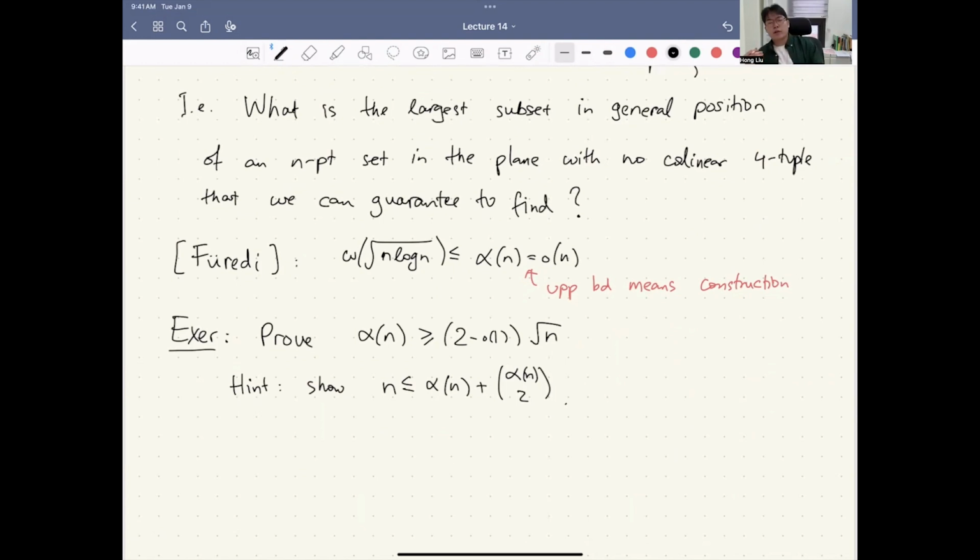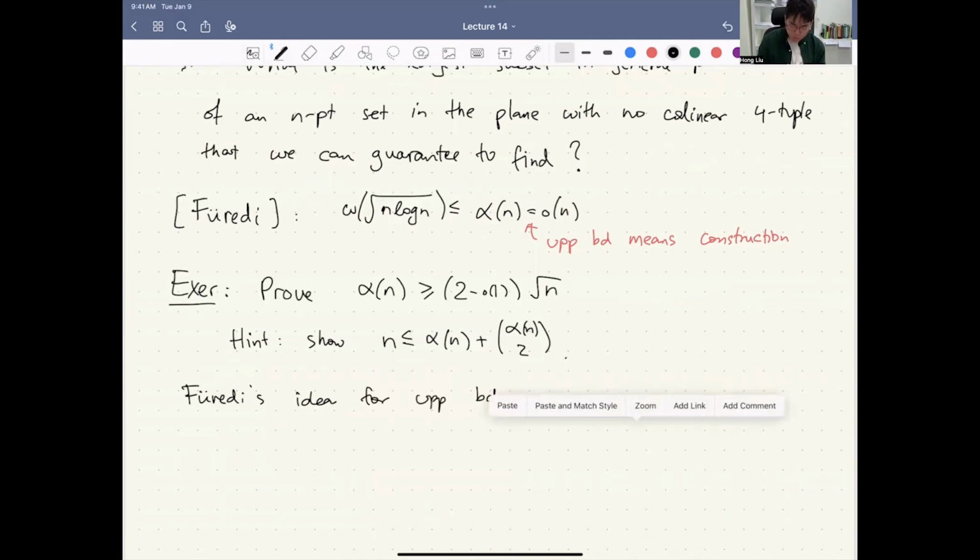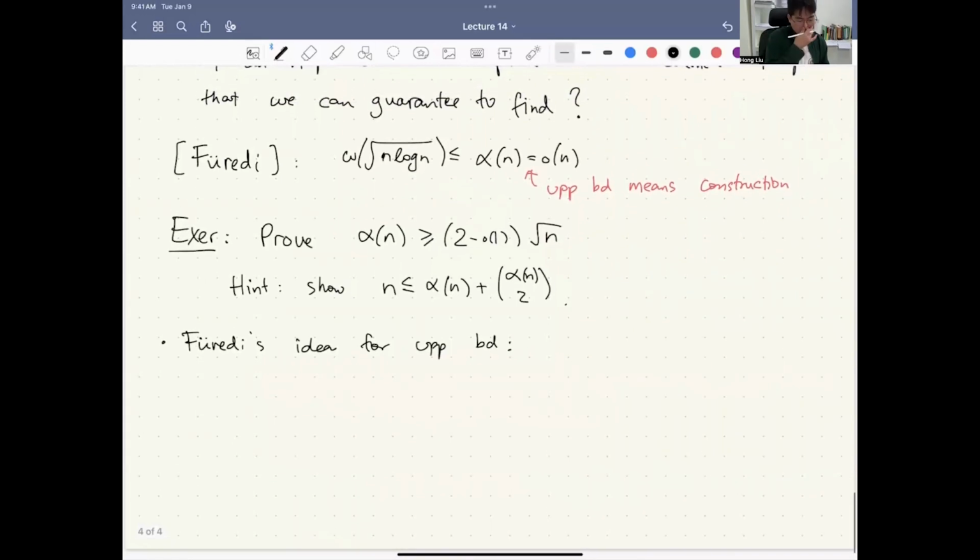So what's Füredi's original proof for the upper bound? Füredi's idea for the upper bound: he uses the density Hales–Jewett theorem for combinatorial lines.